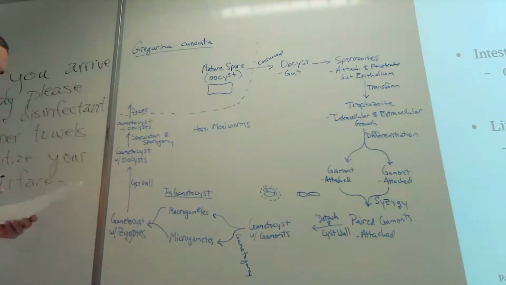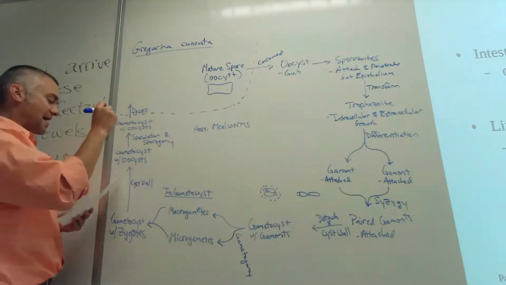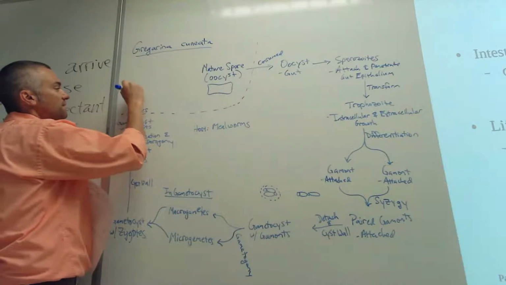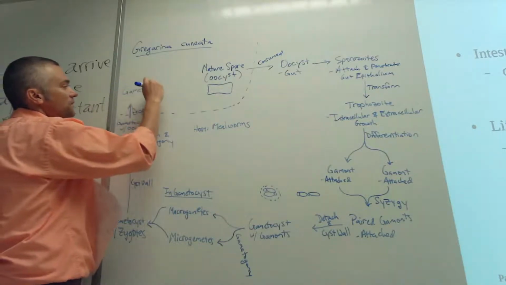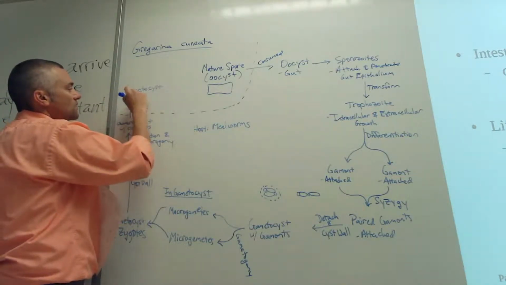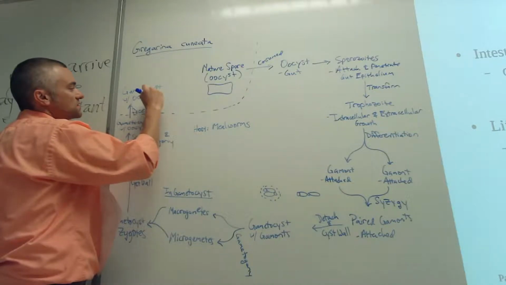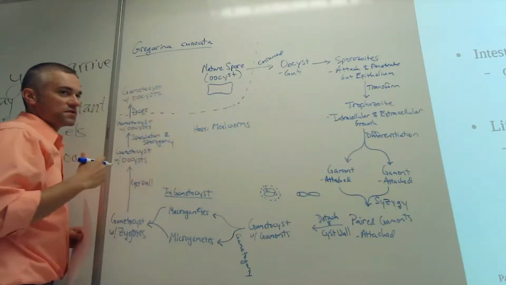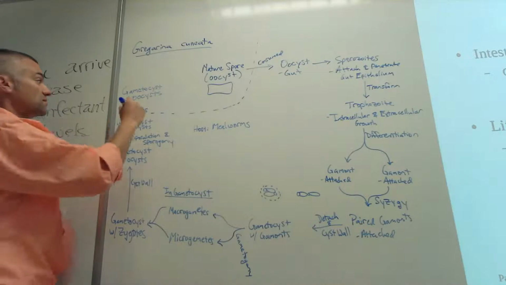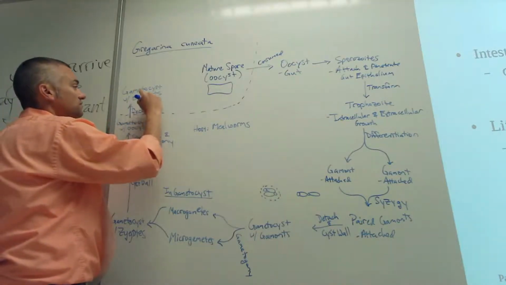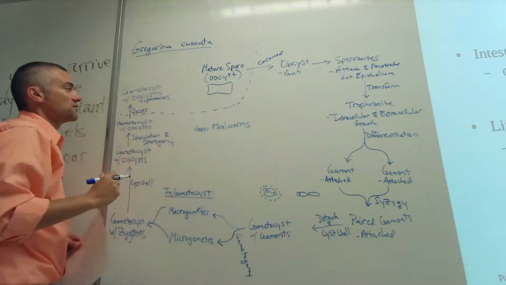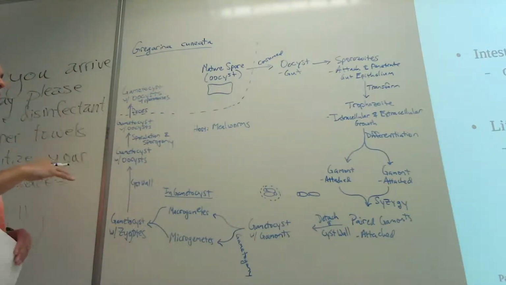We go out into the environment. Now, we still have our gametocyst with our sporulated oocysts. So our oocysts have those sporozoites. And so gametocyst with the oocyst with our sporozoites.